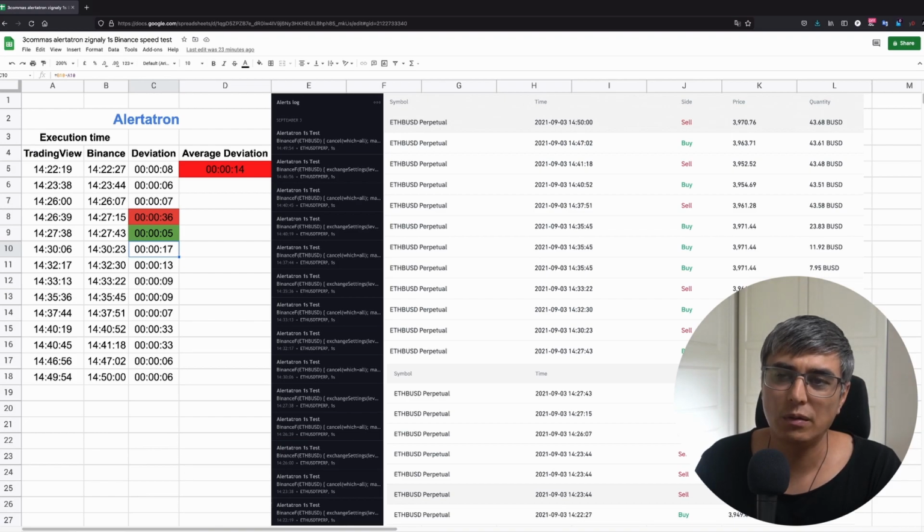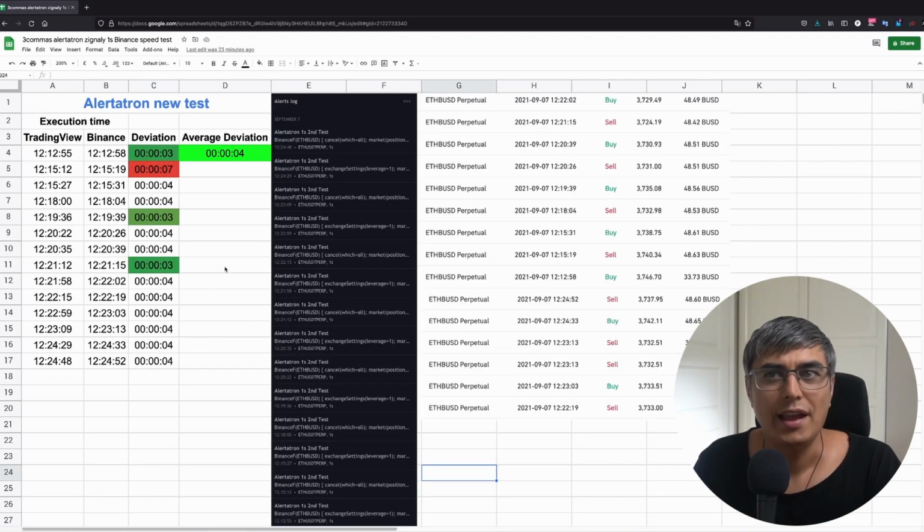And here we go. Yes. As expected, Alertatron did not disappoint me this time. And we can see how consistent it is, except this trade right here, which was executed in 7 seconds. Almost everything else got executed in 4 seconds.